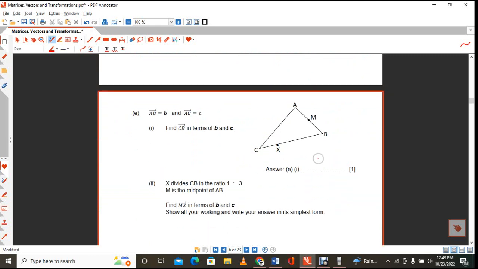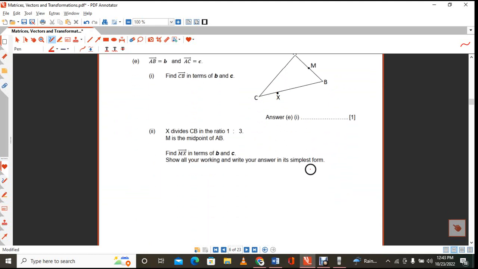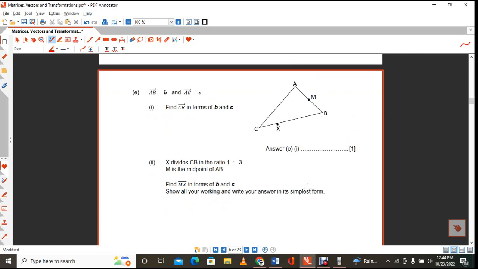Right, E. Well, they say find CB in terms of, okay, so let's just write down what we have.